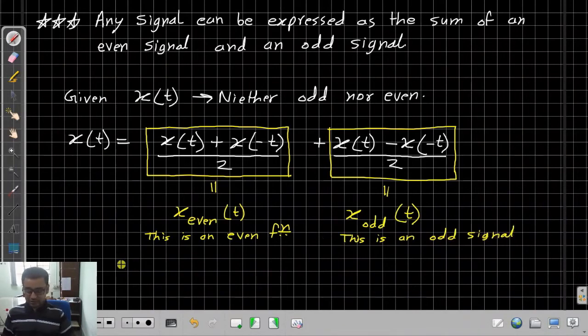Let us verify. So to verify, what we will do, we will find the value of x even at minus t. Okay, what is this?